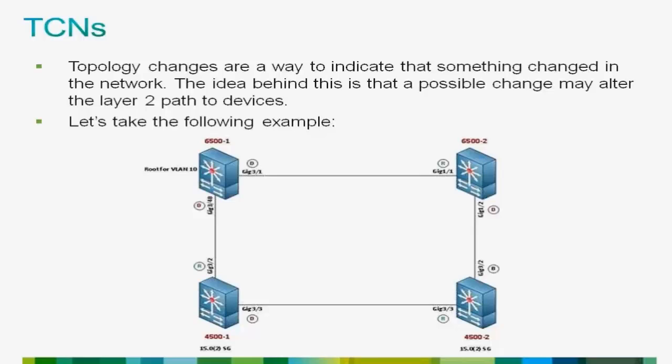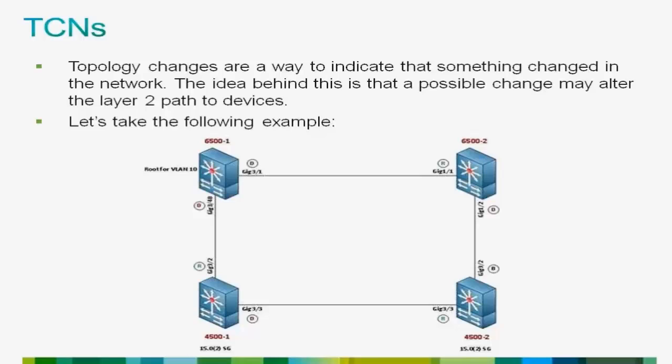The 6500 never knew the new path that it should use to go to 4500.02. And this is where TCN helps. This is why a topology change is so important. So when the 4500 moves its blocked port to a root port in this situation, it should generate a TCN which should reach 6500.01.